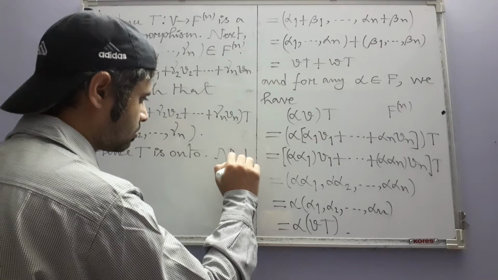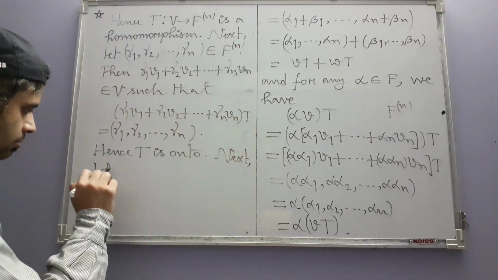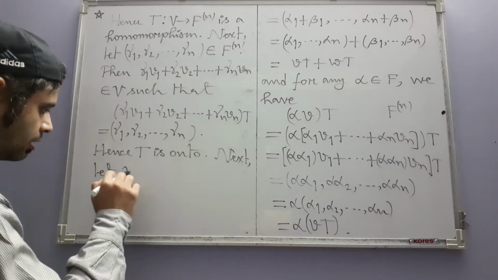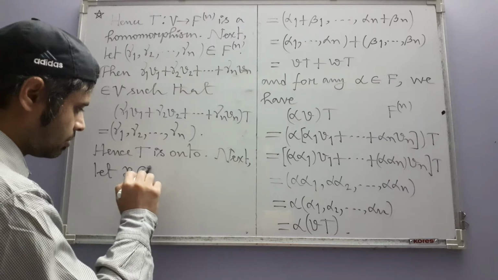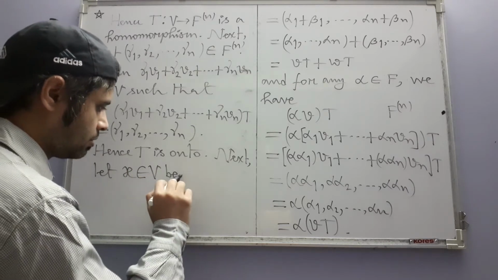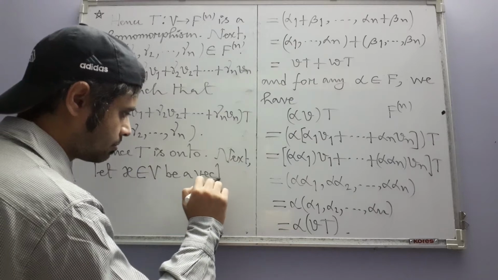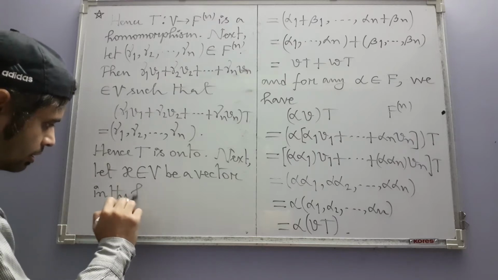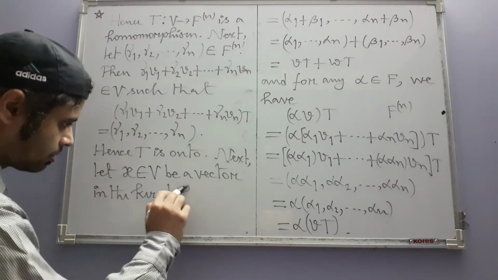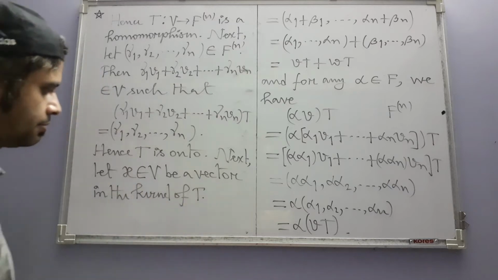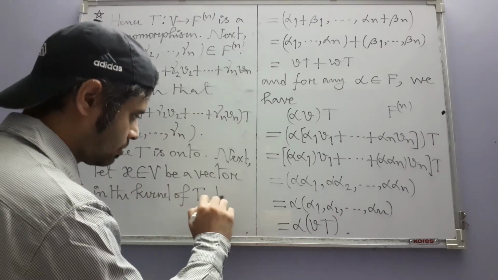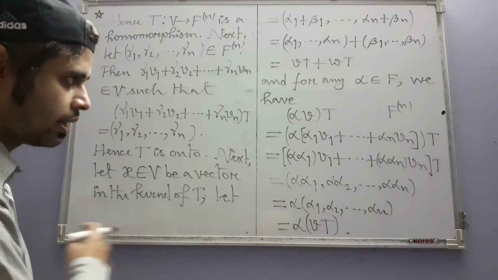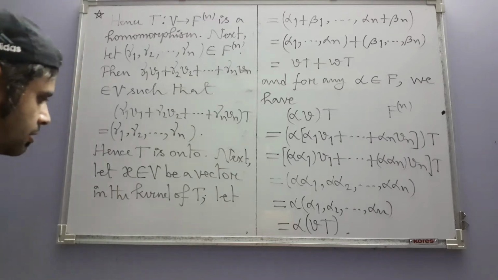Next, let us take something else. Let X belonging to V be a vector in the kernel of T. Now, being a vector in V, X will have its own expression as a linear combination of basis vectors.